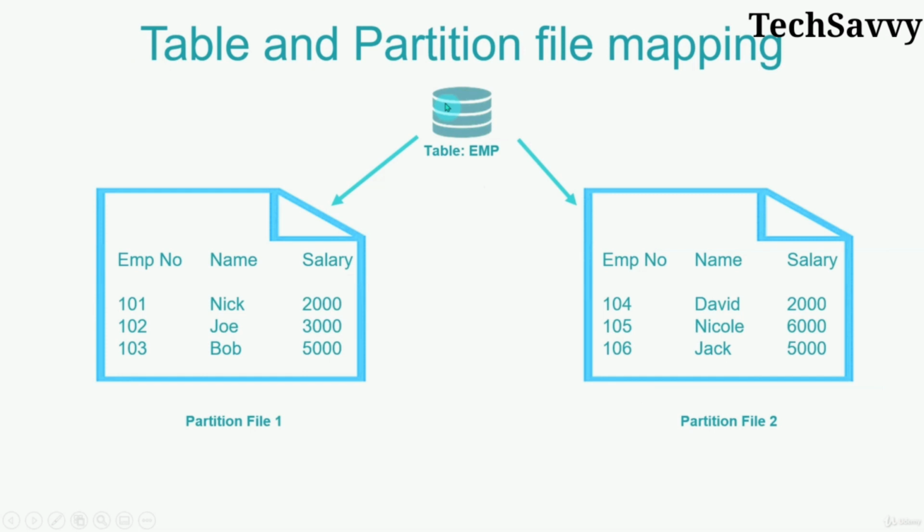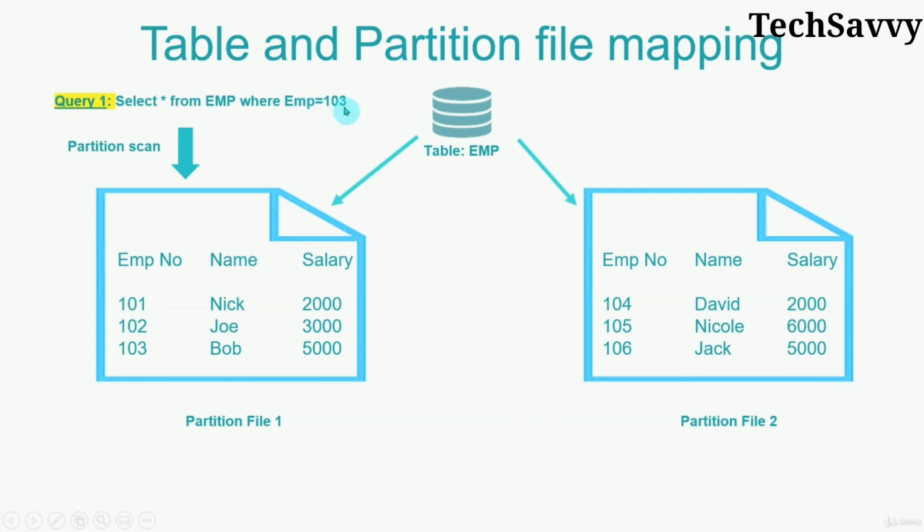So let's take an example. Let's say we have a table EMP and it has six records, and those six records are split into two different partition files. Although we know one partition file can store a size of 16 MB after compression, for simplicity, let's say one partition file has three records and another partition file has three records. Now, let's say I got one query where EMP is 103.